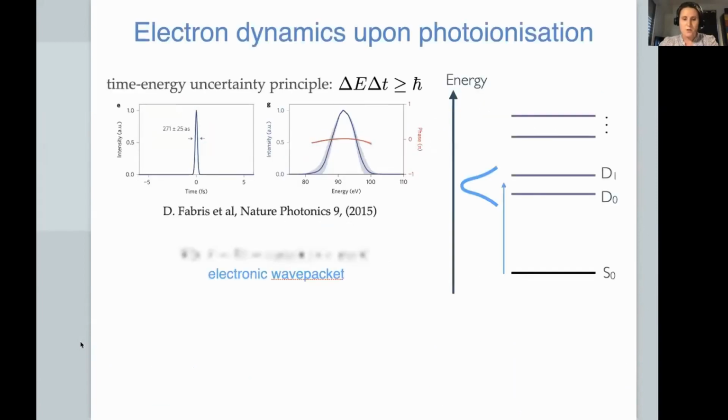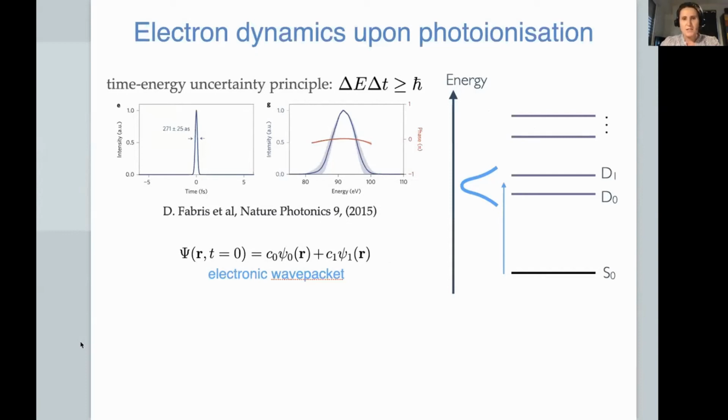So as you know, about 20 years ago, the first attosecond pulses were generated, and they have two important properties. First, they have very short duration, but also, because of the time-energy uncertainty principle, they have large spectral bandwidths.